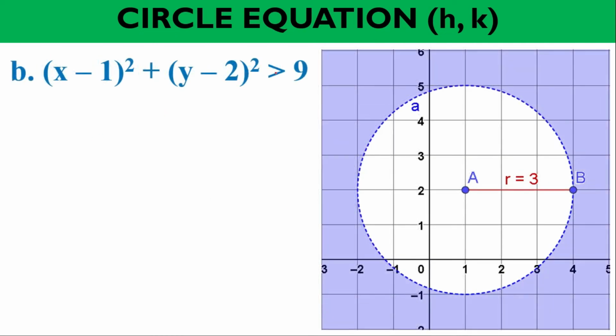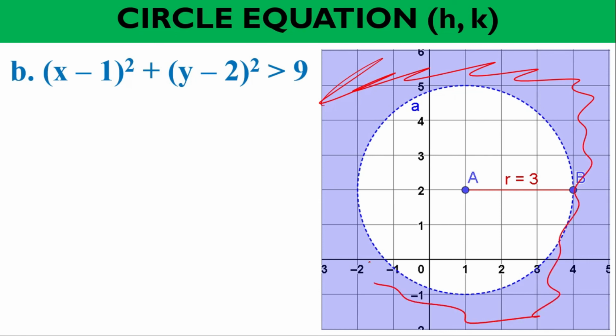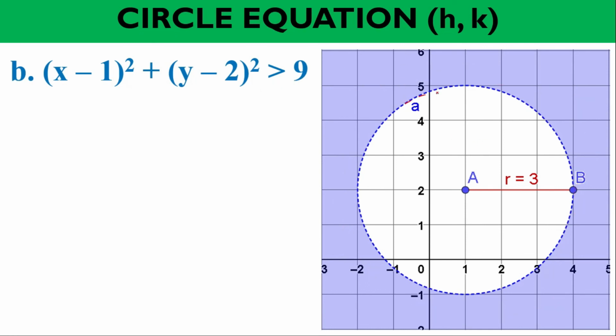If it's greater than, we have the same graph but we need to shade the outside of the circle, because this refers to the points outside the circle, meaning the points that would give a value greater than 9. So these are these points. As you can see, I use a broken line to set boundaries.